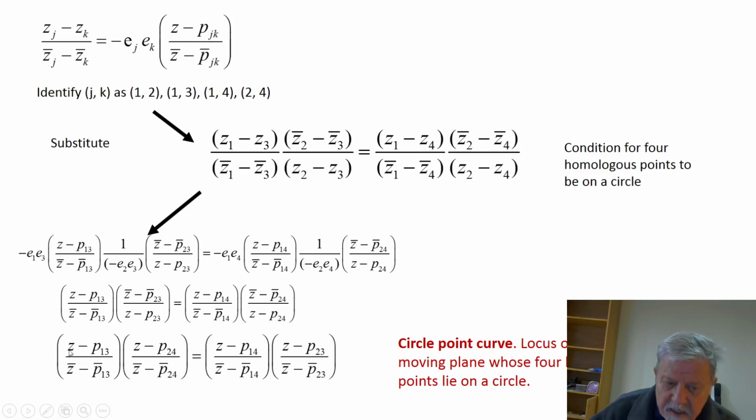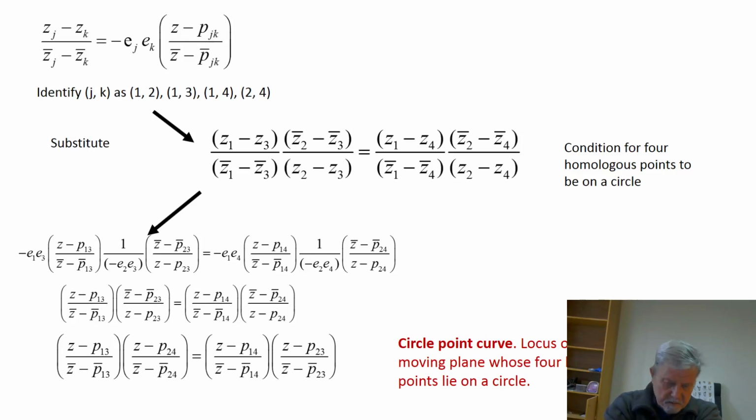Now z, in this case, cannot be anywhere. Z, the vector that shows the location of a circle point on the moving frame, cannot be anywhere. It has to satisfy this equation. This equation, if you expand it, you are going to have the z squared, z bar squared terms cancel.